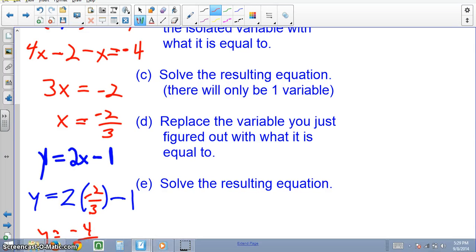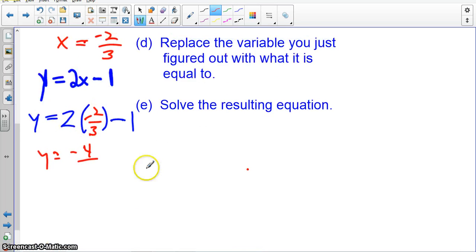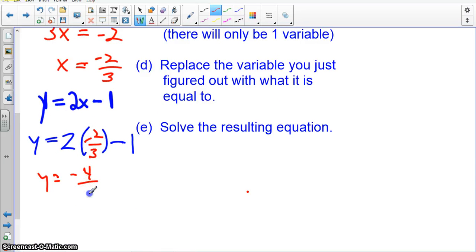So remember, when you multiply a whole number times a fraction, you only multiply by the top. So it's 2 times negative 2 gives negative 4. It's kind of 2 over 1. And so remember, when you multiply fractions, you multiply straight across. So 2 times negative 2, negative 4. 1 times 3, 3. And then combining like terms, we get negative 7/3.